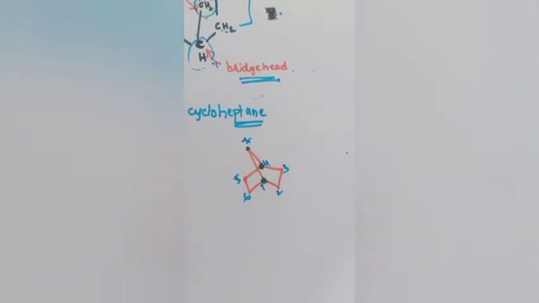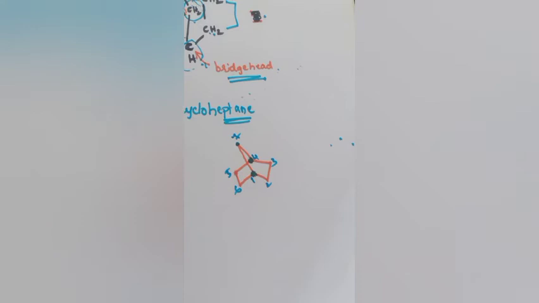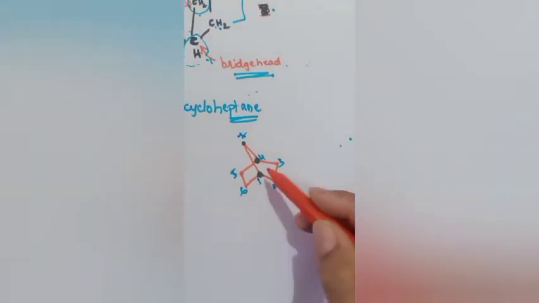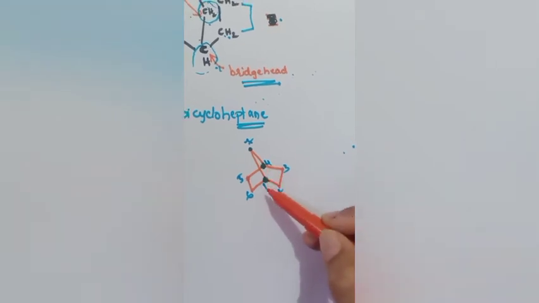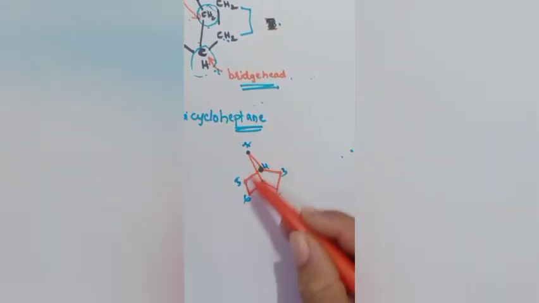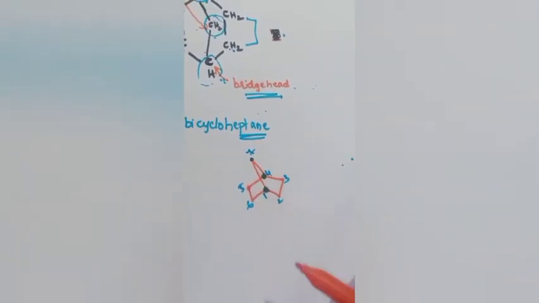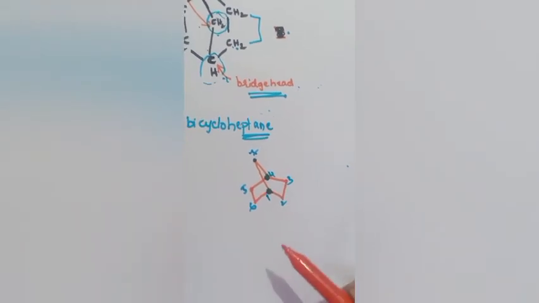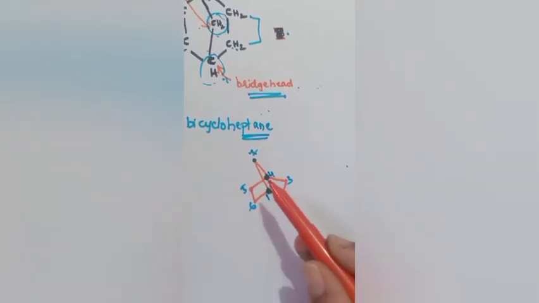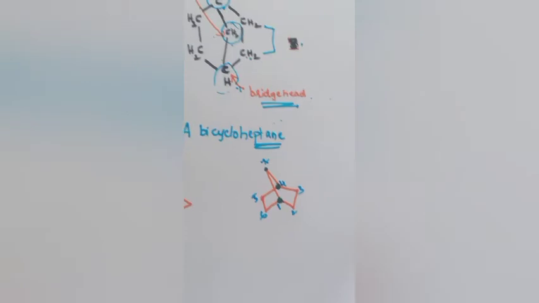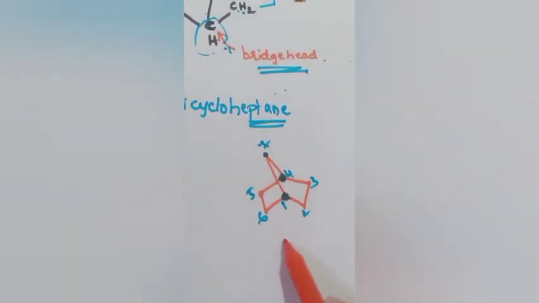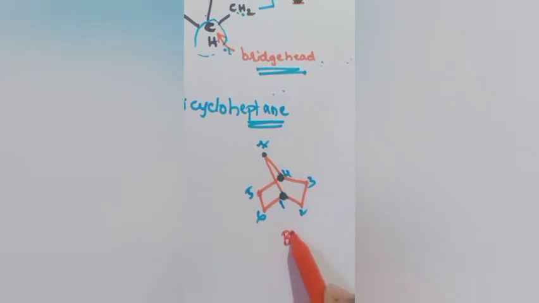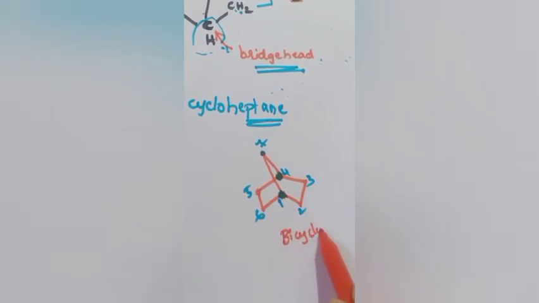Now we have identified the bridgehead positions, and the numbering is also given. The next part is how to give the name for this compound. First we use the prefix bicyclo.